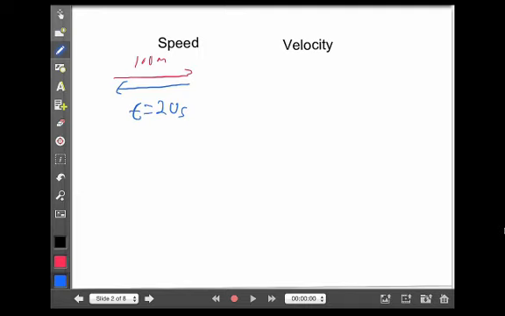Well, we could say I went a distance of 200 meters in a time of 20 seconds. So if I divide those two, I get meters per second. Okay, so let's do that.